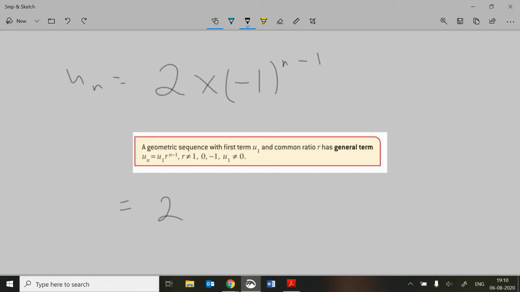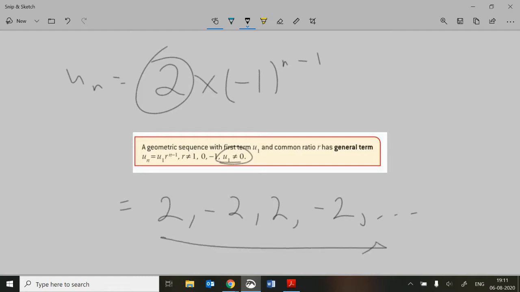Your second term would be minus 2, and the next one will be 2, and then minus 2. I don't see anything wrong with that sequence. It's just not a particularly interesting sequence. They're also not allowing you to start with 0. If you start with 0, then anything times by 0 gives you a whole row of zeros. Again, nothing wrong with that, but it wouldn't be particularly interesting.